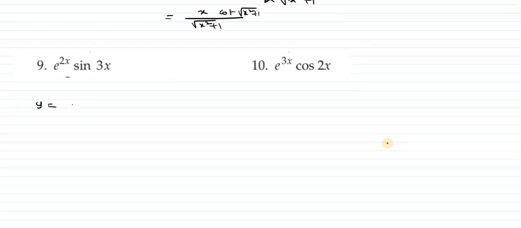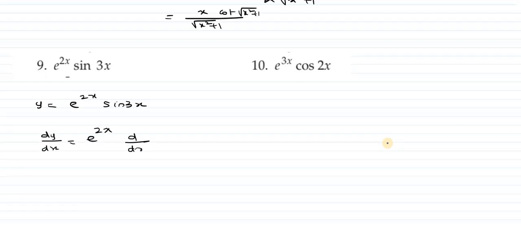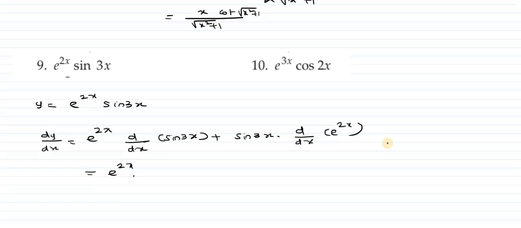Here y equal to e power 2x sine 3x. So dy by dx is what? e power 2x d by dx of sine 3x. Then next term, sine 3x is constant, d by dx of e power 2x. Simple product rule. e power 2x, differentiation of sine 3x is cos 3x into 3.